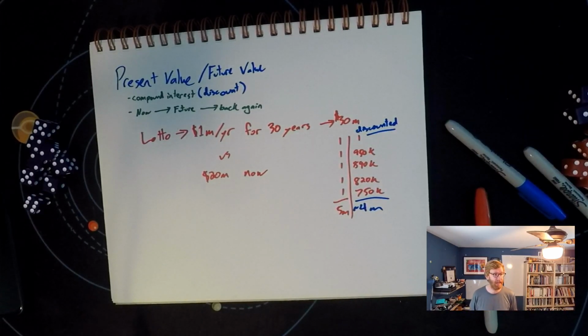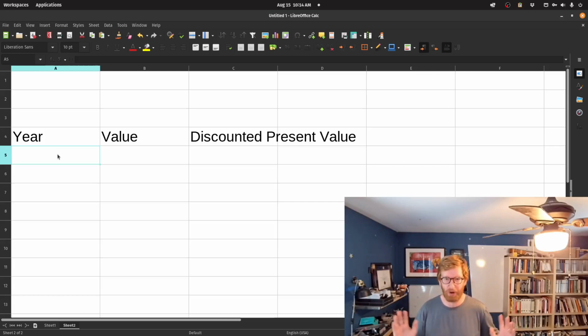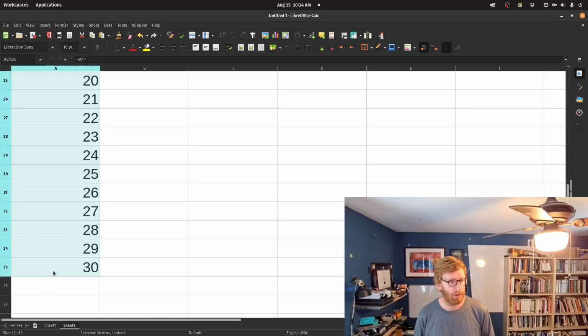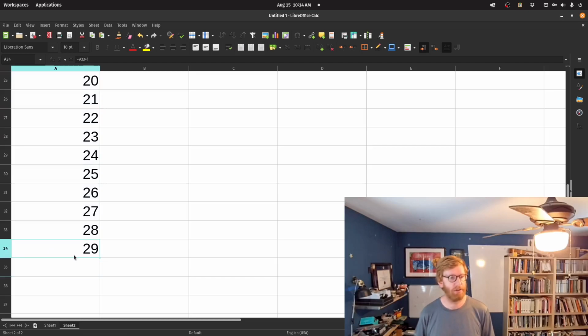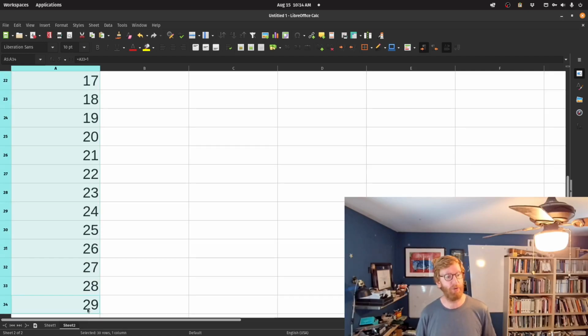Well, to understand that, it's going to be a lot easier if we use a spreadsheet to do the hard work for us. So I'm using LibreOffice. It does the exact same thing as Excel or Google Sheets or Numbers on Mac or whatever else. So we're going to set this up so that we've got 30 years, starting at year 0, going up to year 29.